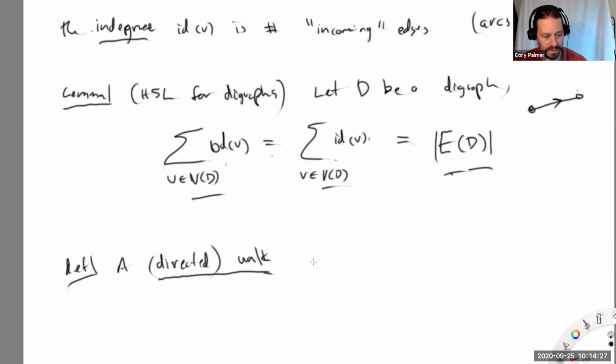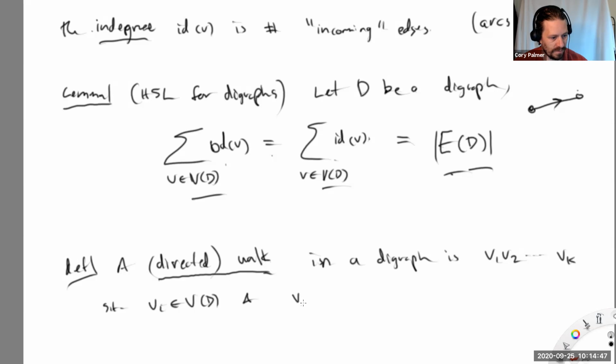So in a digraph, as before, it's a concatenation of vertices, V1, V2, up to Vk, such that Vi is a vertex of the digraph, and ViVi+1 is an arc of the digraph for all i, where that makes sense.